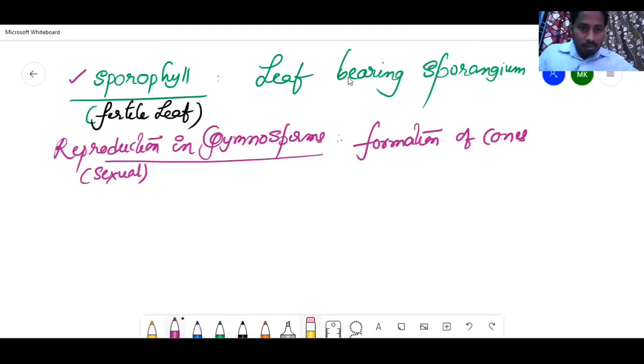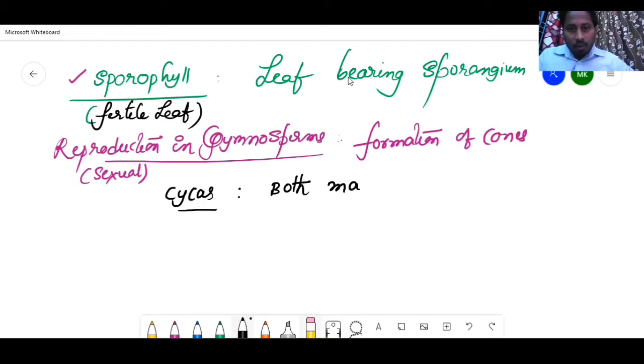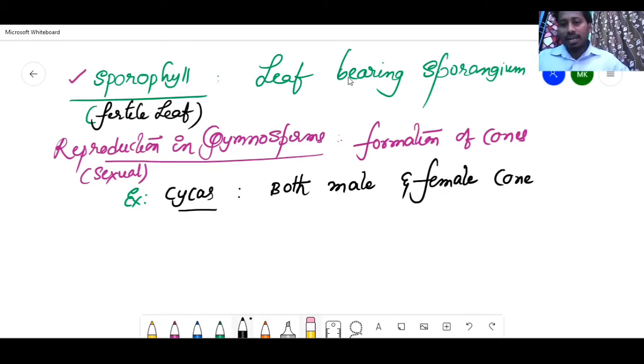For example, as I told you, in cycas, both male cone and female cone are present on only one plant body. What is cone? I will tell you now.